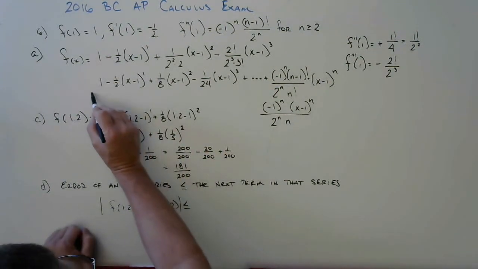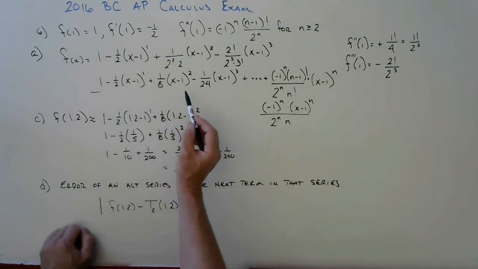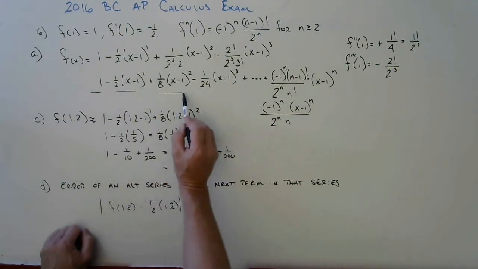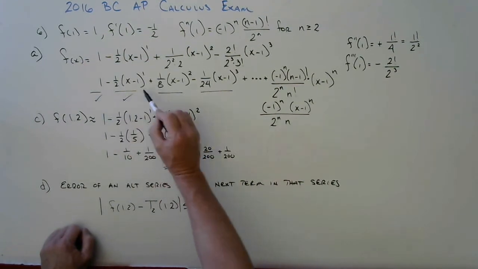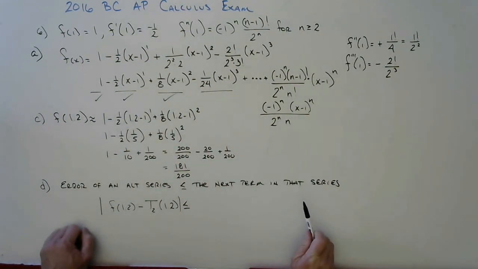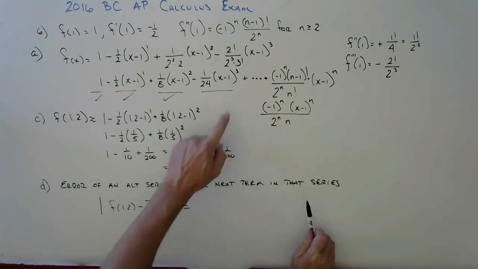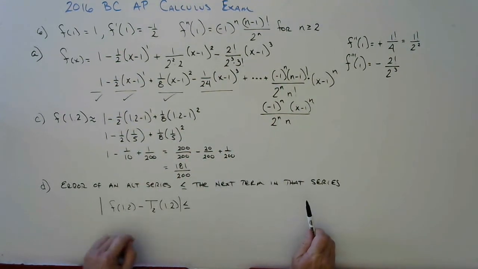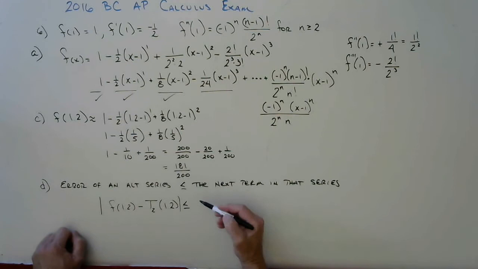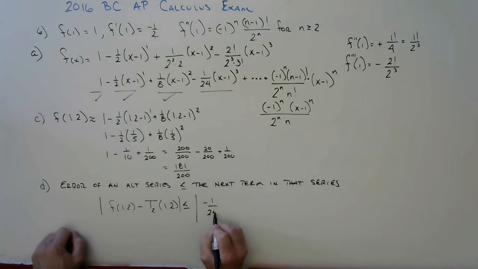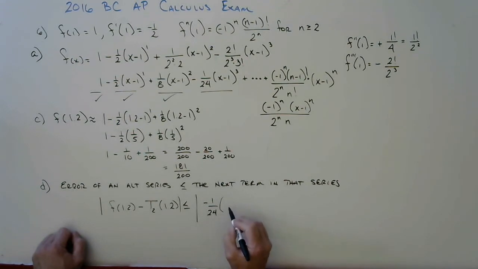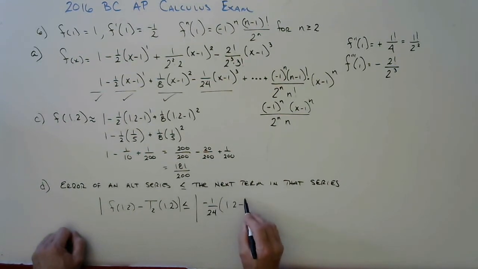Well, they told us up here to write 4 terms: 1, 2, 3, 4. And yet down here, they only asked us to use 3 of those. Gee, I wonder why. Because they knew we would need this to do this problem right here. So we know this is less than or equal to the absolute value of -1 over 24 times (1.2 minus 1) cubed.